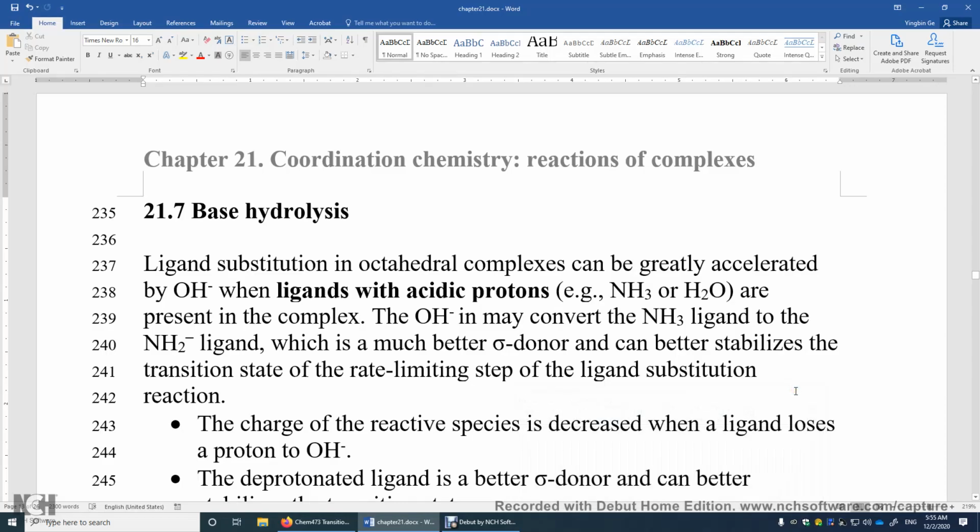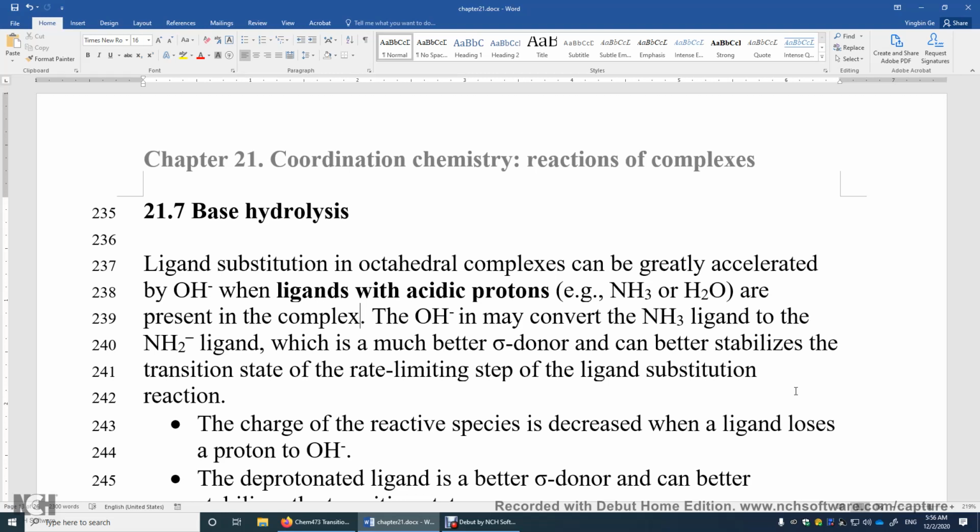Section 21.7 Base Hydrolysis. Ligand substitution in octahedral complexes can be greatly accelerated by the existence of hydroxide ions in the solution, when ligands with acidic protons such as ammonia or water are present in the complex.